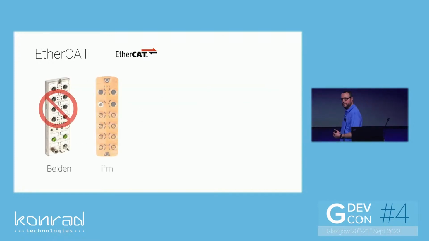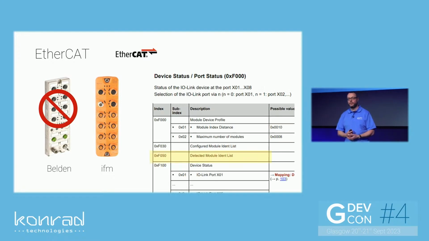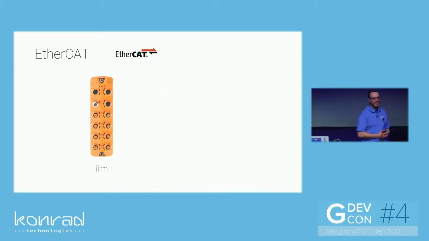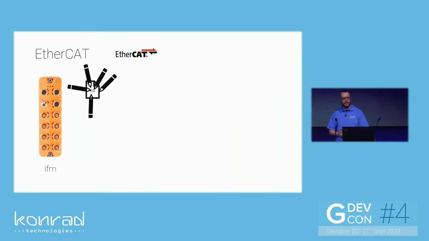So I couldn't use that device. As it turned out, there is another manufacturer who makes something very similar. This is IFM. It functions in the same way, but in the documentation, class F050 exists. Ooh. Okay, we'll give that one a go. So we take that device, heavy modification of the ESI file. I cannot understate this.